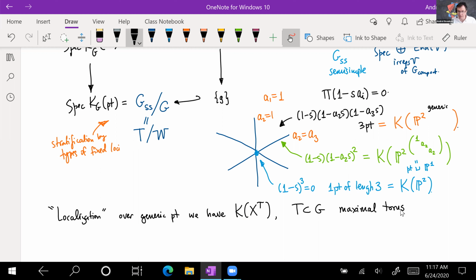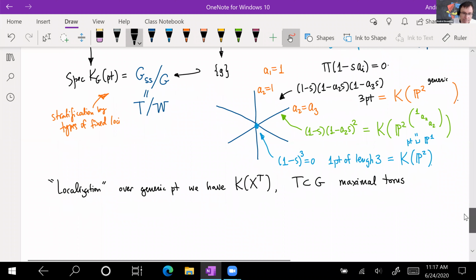So what does it mean to localize at a generic point? It means if I extend the coefficients to a field, then I'm only seeing that generic point, and then I'm just getting this. Okay.